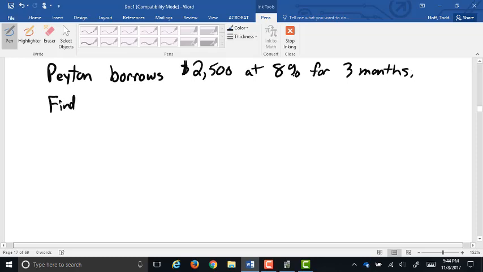Now, we didn't say anything about simple interest or anything like that. If all it says is 8%, we assume simple interest. If it was compounded, it would say compounded monthly, compounded quarterly, or something like that. Find the maturity value.